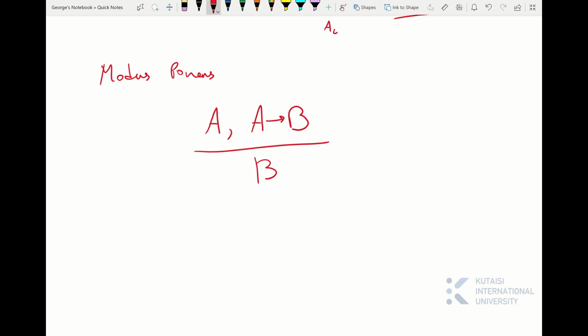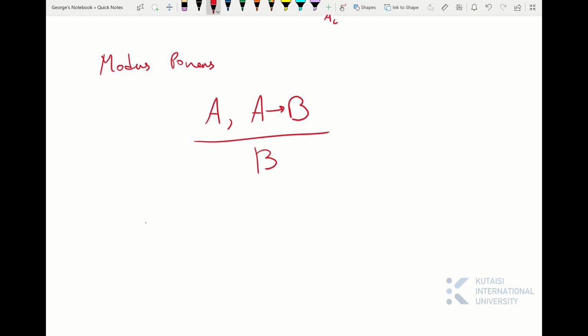Yes, exactly. So this is one of the rules. That means if I have A, let's say A is an axiom, whatever, and then I also proved somehow, or there's an axiom or whatever, that A implies B, somehow this allows me to go to B. Because if A is true, and if it is true that A implies B, then B is true.